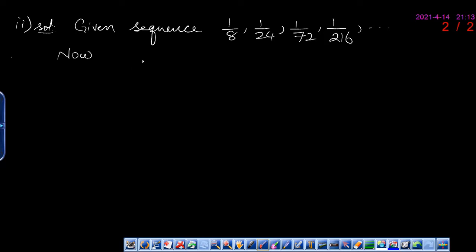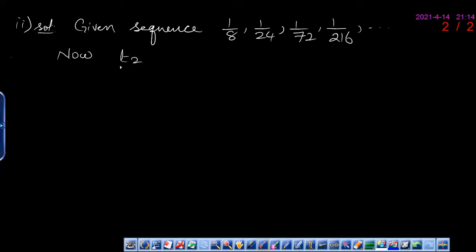We are least bothered about A. We need to show that the sequence is in a GP. For that, we need to find the ratio between the two consecutive terms.